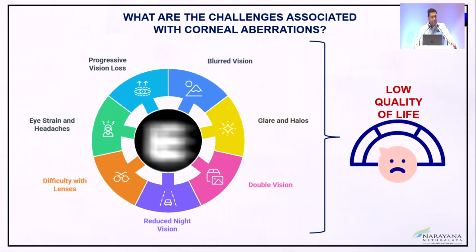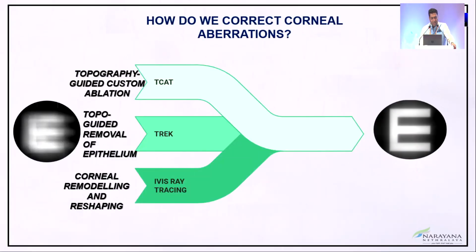The challenges in handling them are blurred vision, glare, halos, night vision problems, and eye strain from compensating for these aberrations, and all this has a huge impact on quality of life.